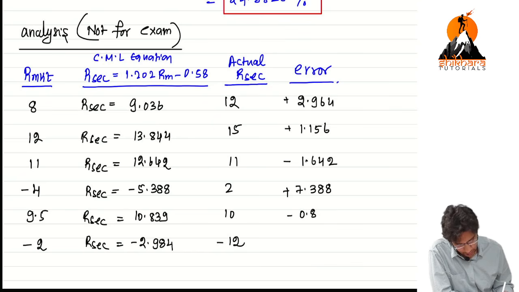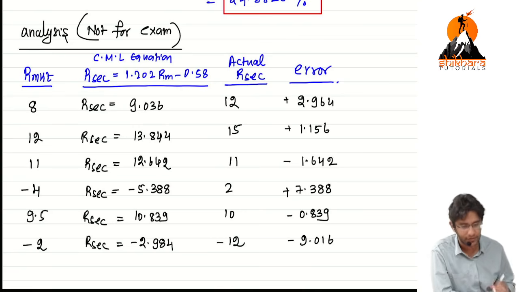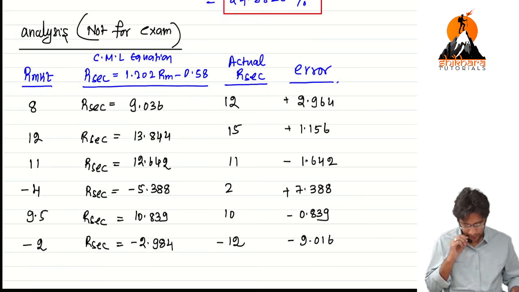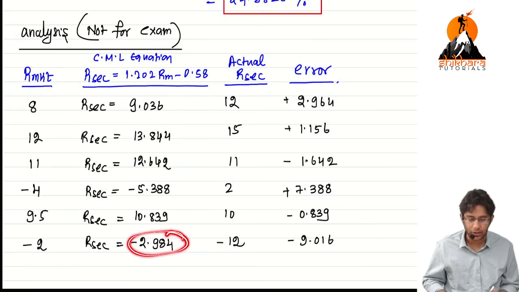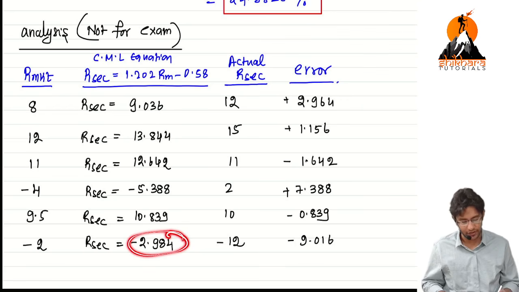Negative 0.839. Minus 12 minus of minus 2.984 is minus 9.016. According to the equation, I should deliver this much return, but the actual return of the security is even worse.